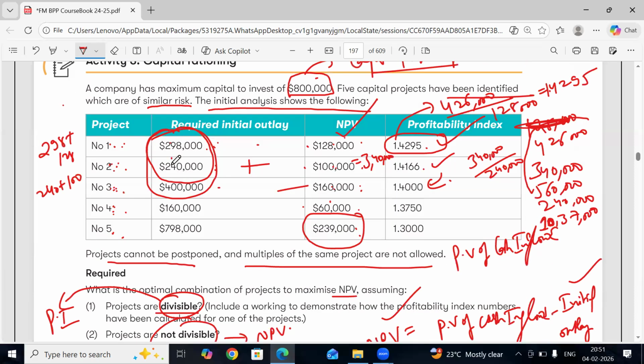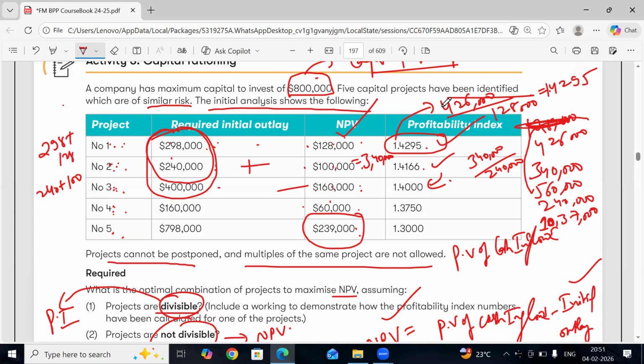Then can we go for 2, 3, and 4? Just add up. Exactly 8 lakhs I'm getting. So what is the 2, 3, 4 NPV total? Add all the NPVs, please.